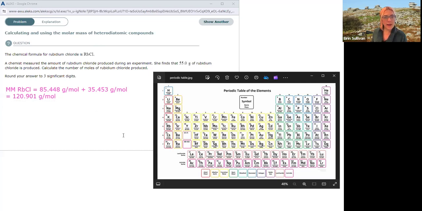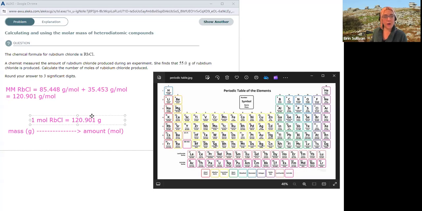So going to make a plan. We've been given mass in grams, and you want to end up with the amount, which is going to be in moles. So I would rewrite your molar mass in terms of an equivalency. This 120.901 grams per mole means that 1 mole of rubidium chloride weighs exactly 120.901 grams.